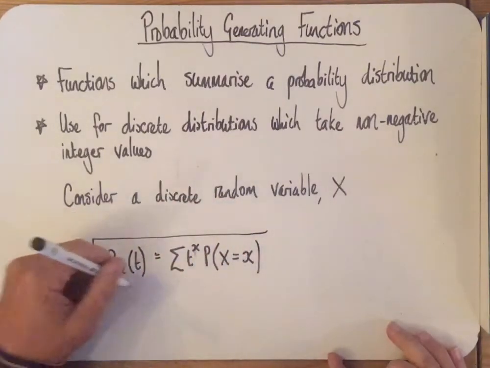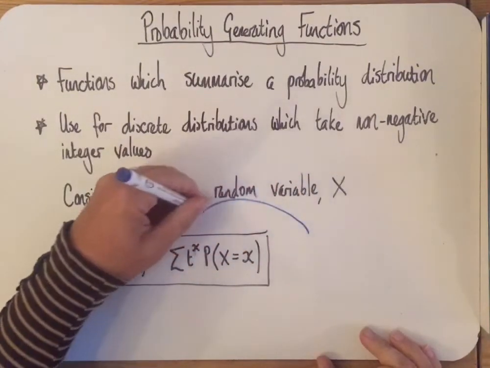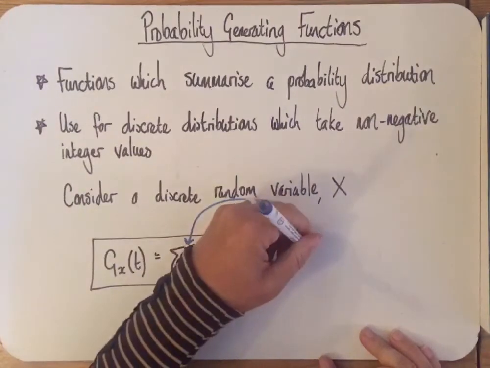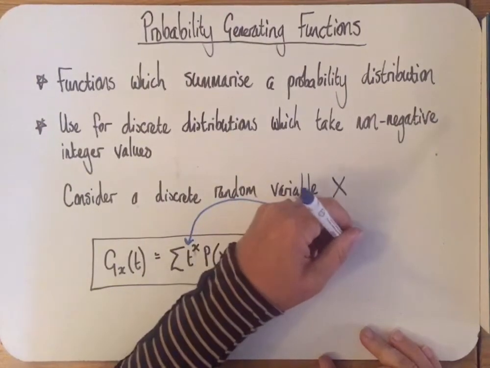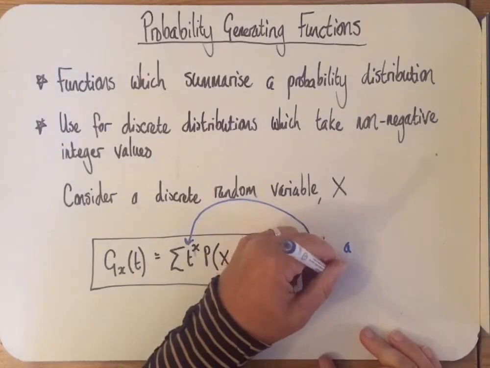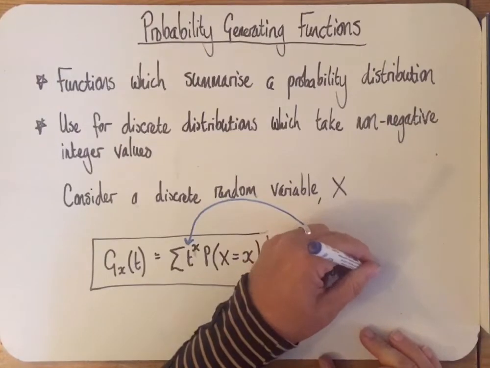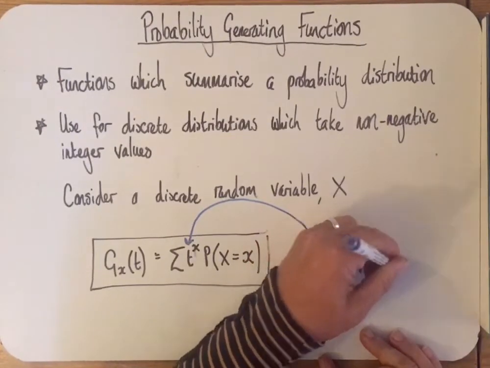And t is what is called a dummy variable. This will make more sense once we do an example. It actually just becomes a place value, really.